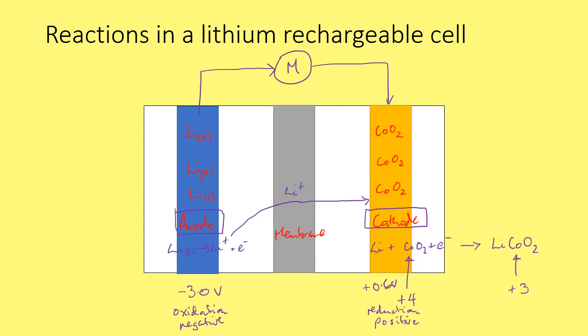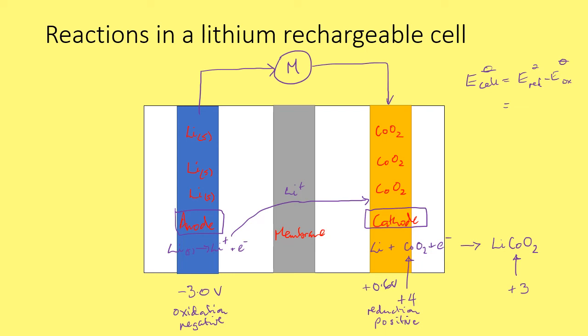Okay, last thing to do is work out the EMF of the cell. The E cell is, you might remember, E of the reduction minus E of the oxidation.